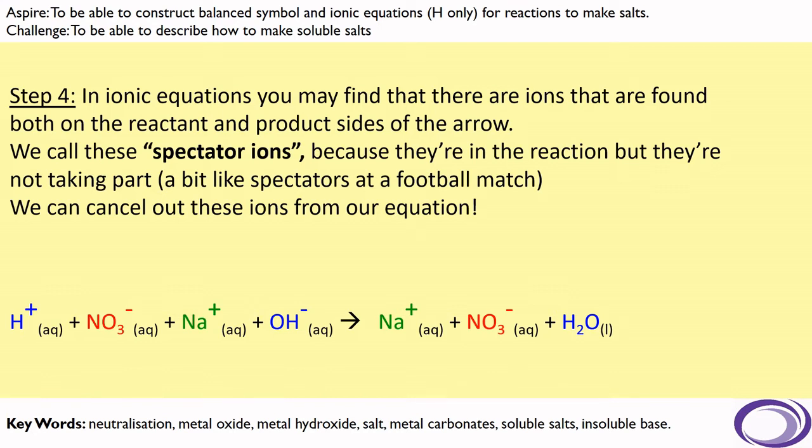And we can cancel out those ions from our equation because you can see the nitrate ion is on both sides and the sodium ion is on both sides. And that leaves us with the general ionic equation for a neutralization reaction. H+ from the acid reacts with OH- from the alkali and forms water.